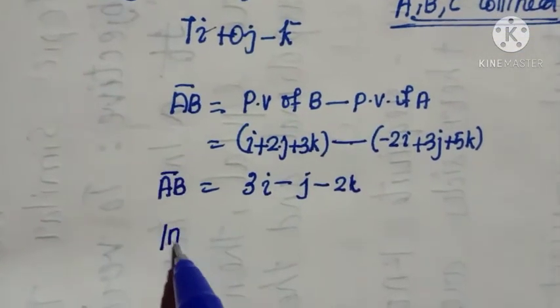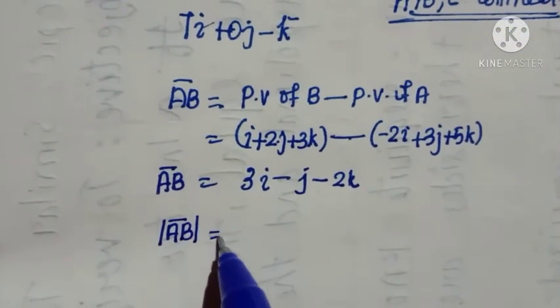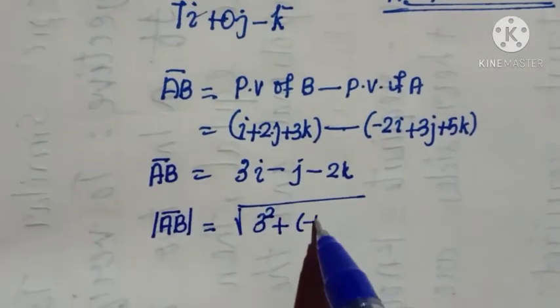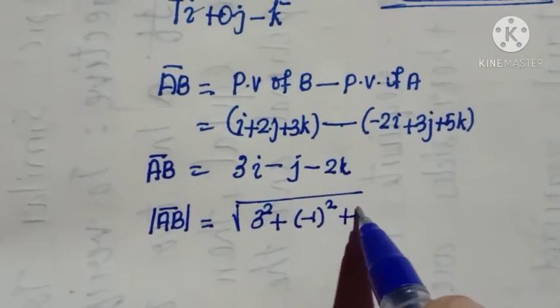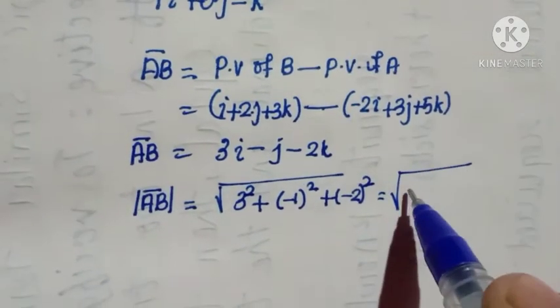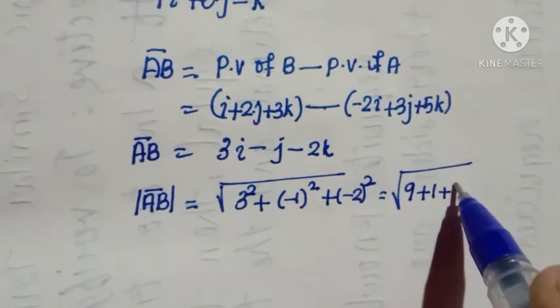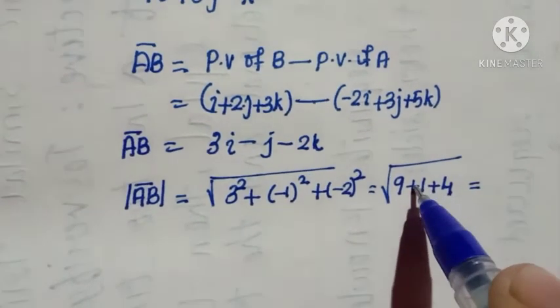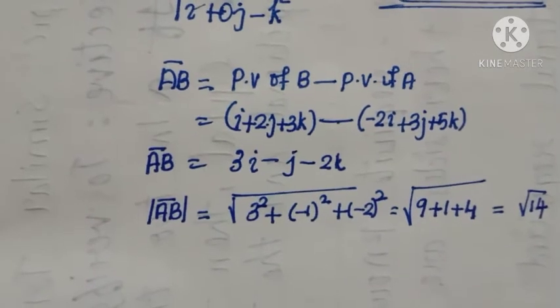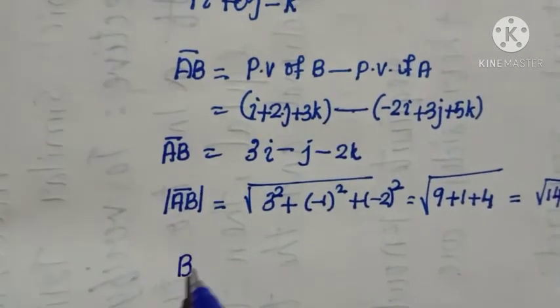Now what is its magnitude? Magnitude of vector AB is equal to root of 3 square plus minus 1 square plus minus 2 square. Okay. So this is equal to 9 plus 1 plus 4. 9 plus 1, 10. 10 plus 4, 14. It's clear. Similarly, find vector BC.